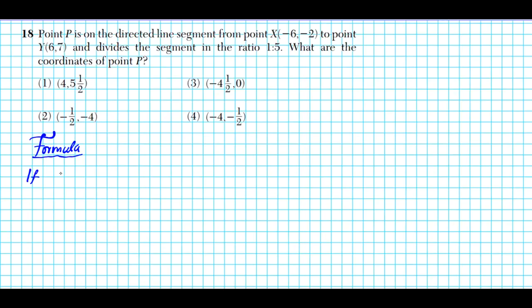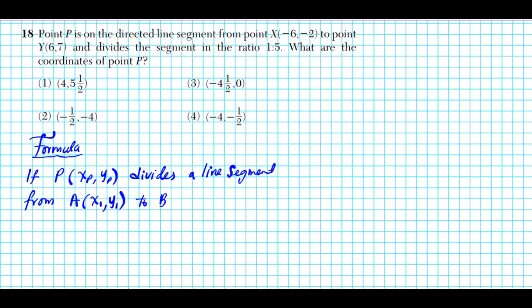Formula is as follows. If, let's say, point P, x sub P, y sub P, let's say that's the coordinate, divides a line segment from A, let's say the first point A is x1, y1, to point B, coordinates x2, y2.